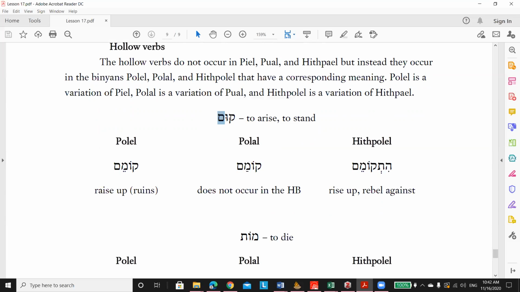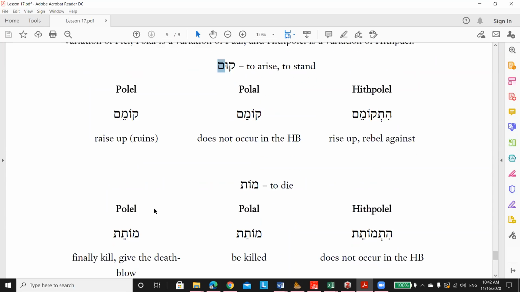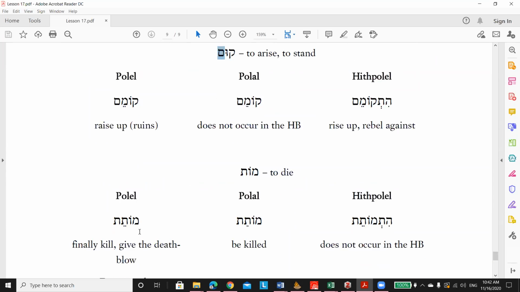It will be ko, mem, po, so the last radical of the root is geminated, and the second one just disappears, like a vowel. Ko, mem. If the root is mot, to die, it would be mo, tet. So the last radical is geminated, added once again to the root.